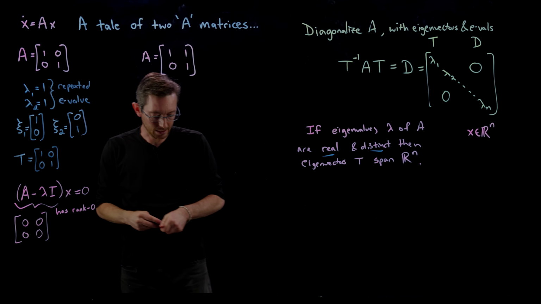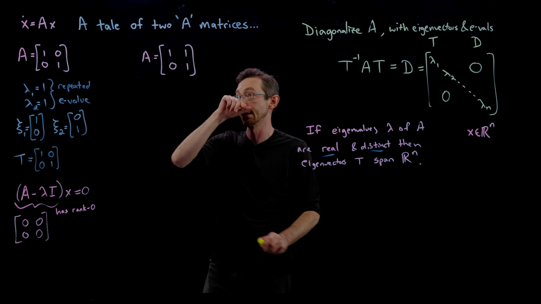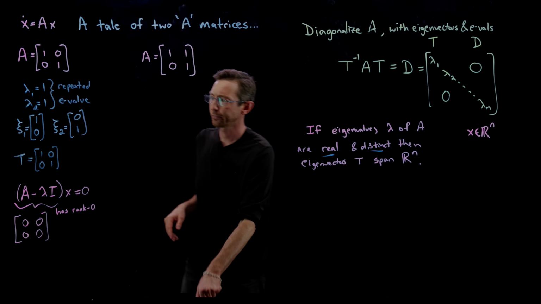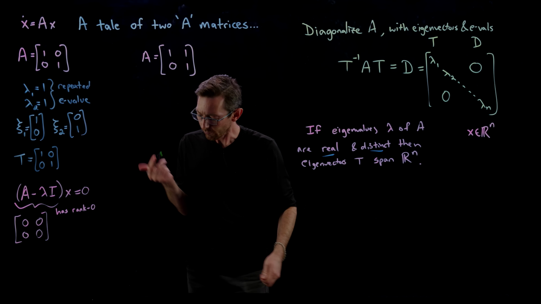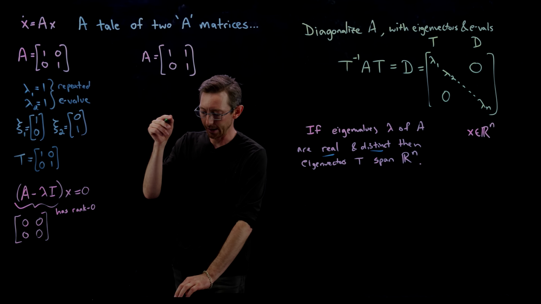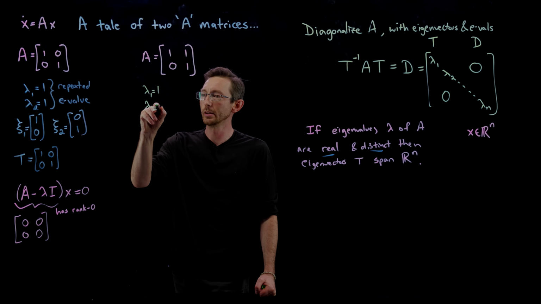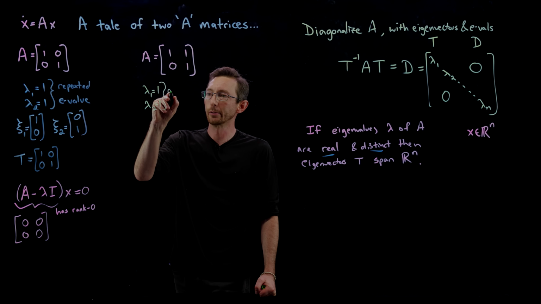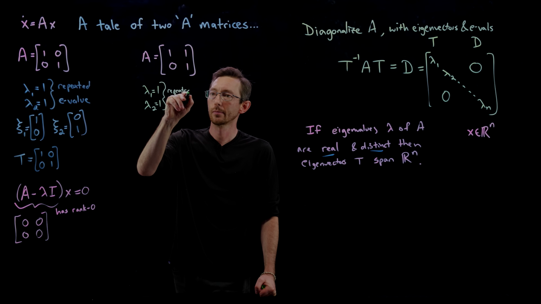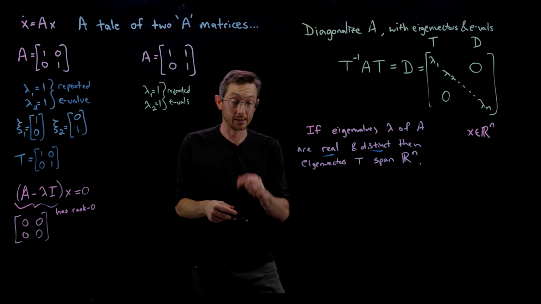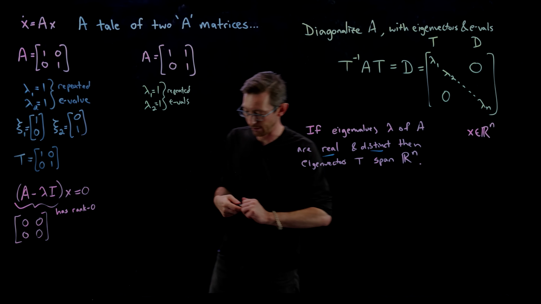But let's look at this case here, this kind of more interesting case where I have this weird little upper one here, and maybe I'll do this in green. So similarly, I can write down that lambda 1 equals 1 and lambda 2 equals 1 are my repeated eigenvalues, because I can read it off because it's a diagonal matrix with lower triangle of 0.